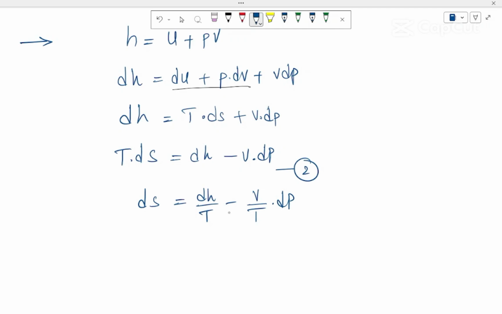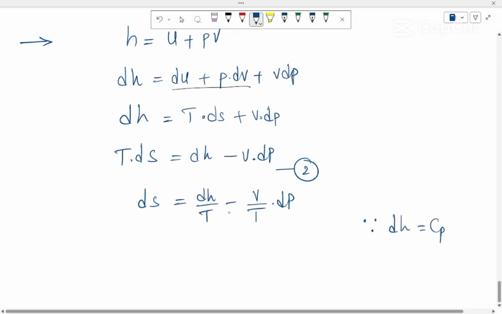Here dH we know is equal to Cp dT, and also I know V by T based on my ideal gas equation is nothing but R by P.